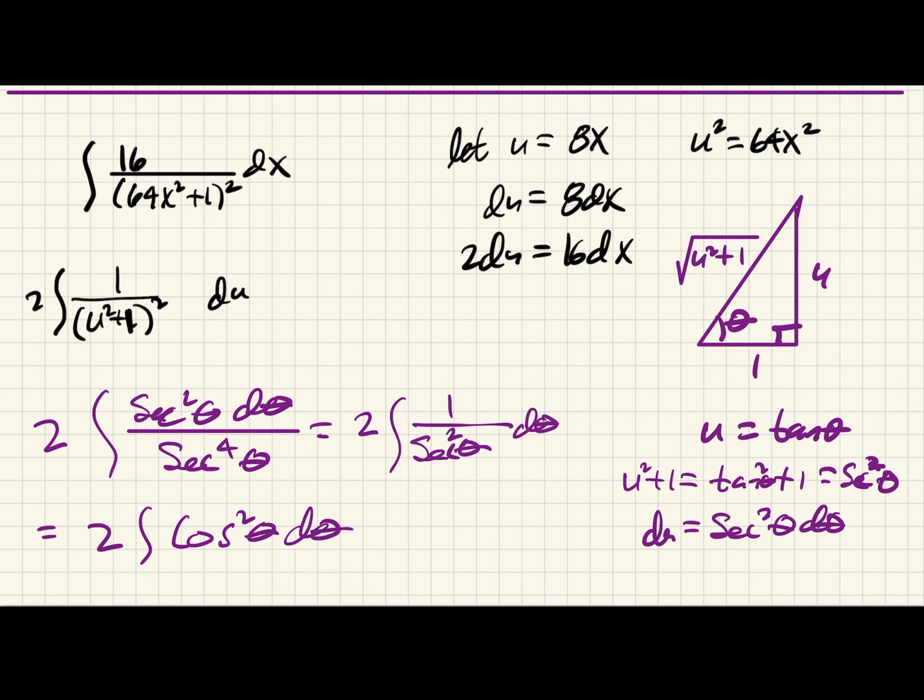Now I think we know what to do, right? Because what are you going to do? Yeah, very good. So we use a half angle formula. Good job. So we have 2 integral 1 plus cosine 2 theta over 2 d theta, which gets even nicer, doesn't it? Because those 2's are going to cancel.